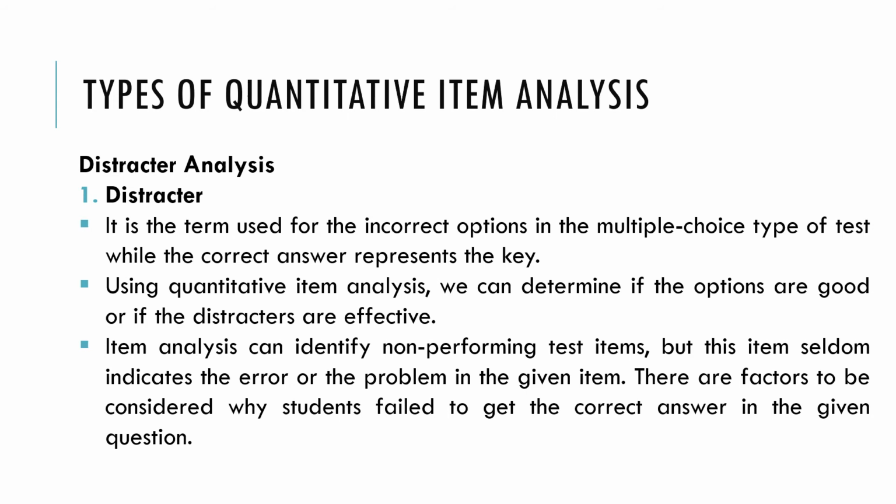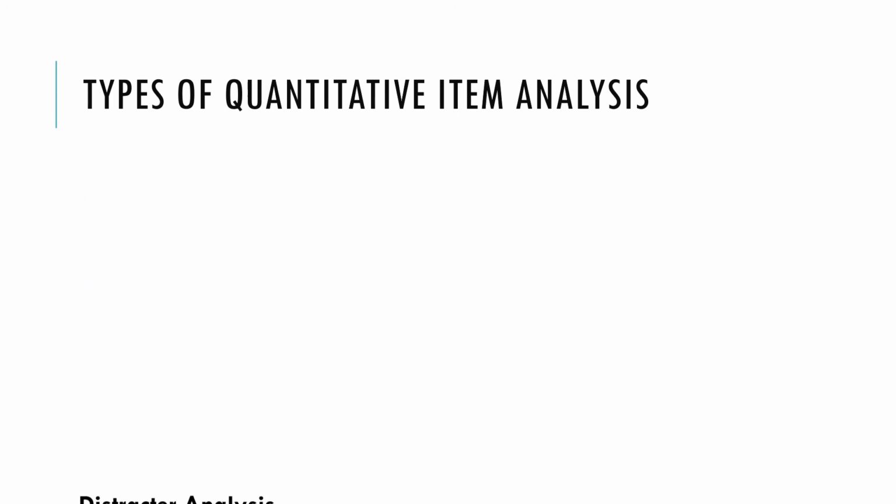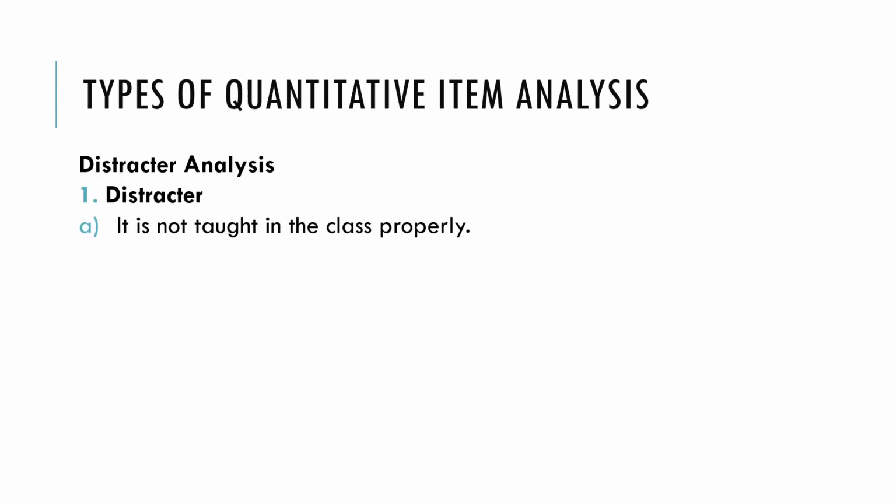Marami talaga, no? So dito yung mga rason. Number one, it is not taught in the class properly. So bakit students fail to get the correct answer? Because hindi siya masyadong tinuturo sa klase. Letter B, it is ambiguous, meaning to say the options are ambiguous, not very clear.